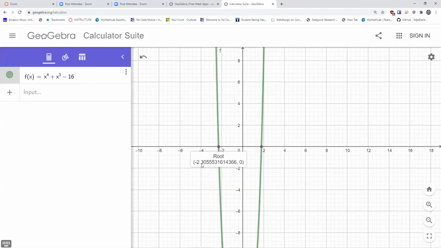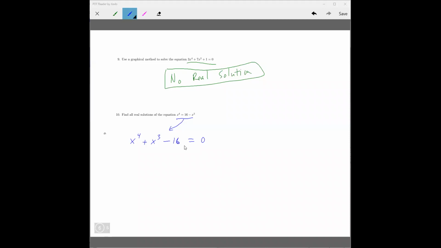Okay, so one of them is negative 2.31, and the other one is 1.79, since the 8 rounds up to 9. So negative 2.31 and 1.79. Okay, so I'll go ahead and put those answers in. Negative 2.31 and 1.79.